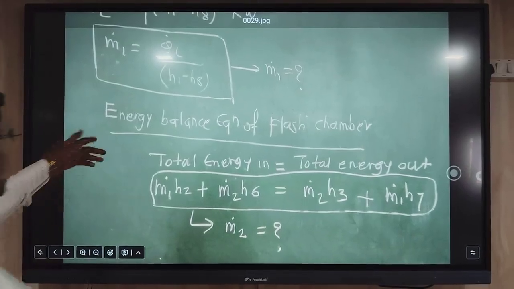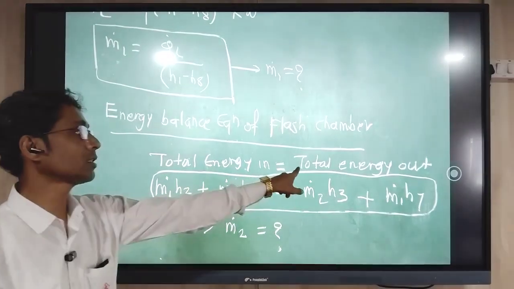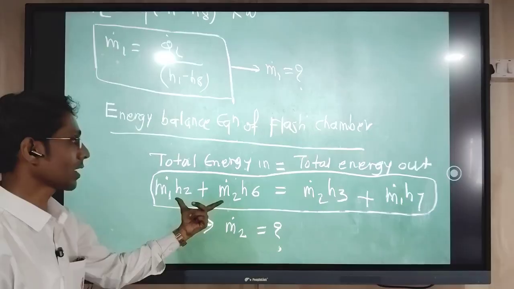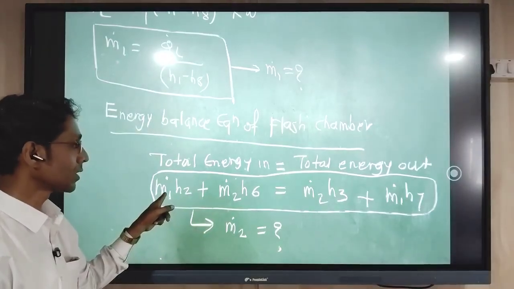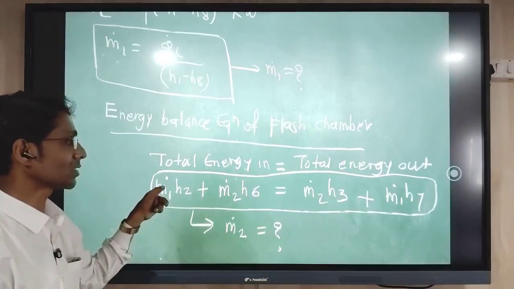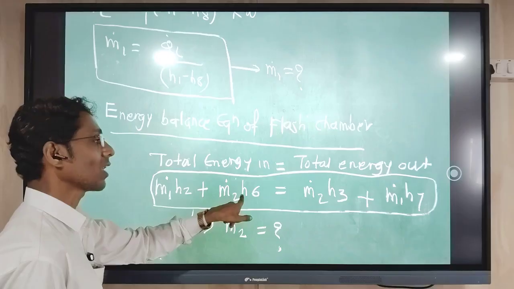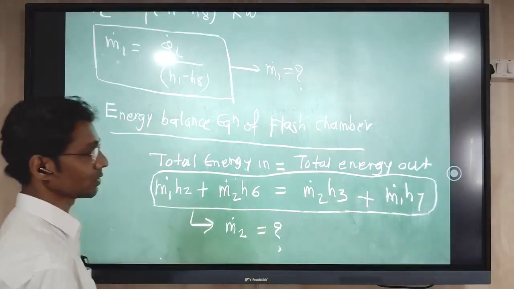So here you can see now the energy balance equation, what we discussed. Total energy in is equal to total energy out. These are the two lines which are entering the flash chamber. This is from compressor 1 coming out and going to the flash tank. And this is from the condenser coming and going to the flash tank. So these two lines, summation of the product of mass flow rate and respective enthalpy.